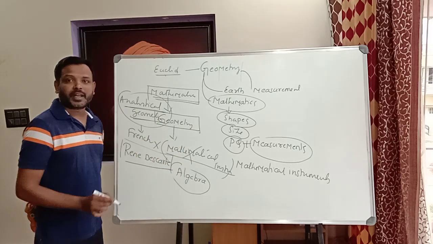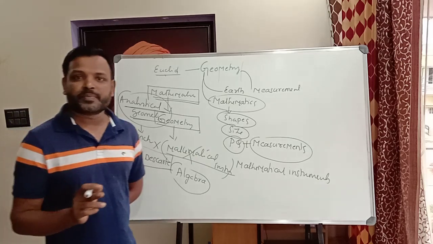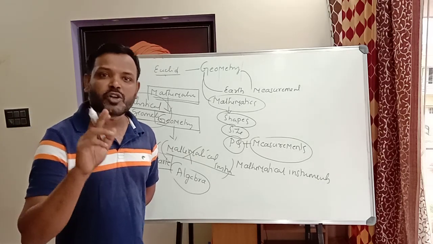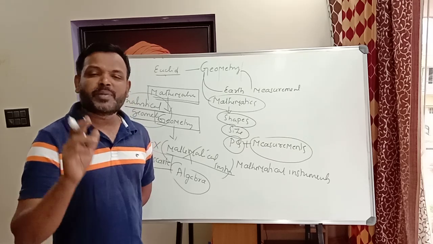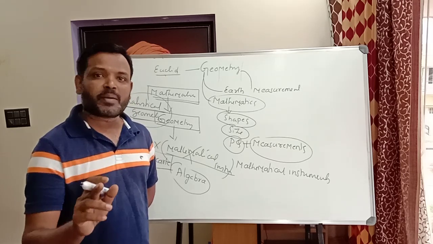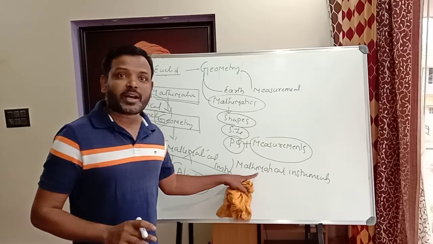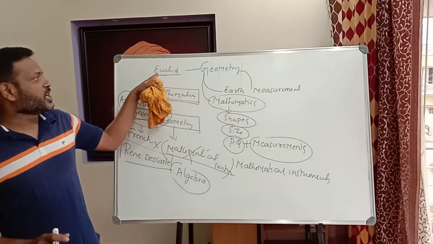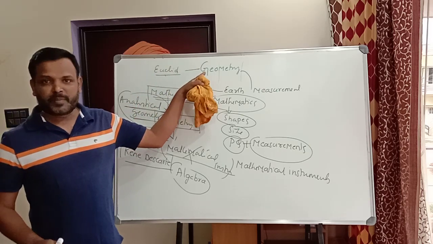Once again, I recall it. A branch of mathematics which deals with the study of geometrical shapes, size, physical quantity and their measurement with the help of mathematical instruments is called geometry, and the famous mathematician Euclid was the father of geometry.